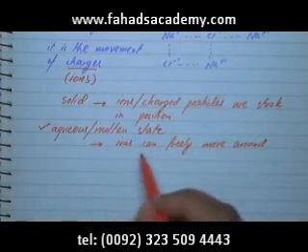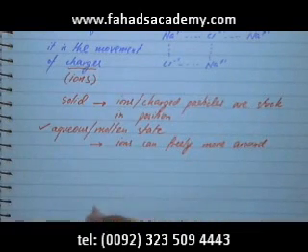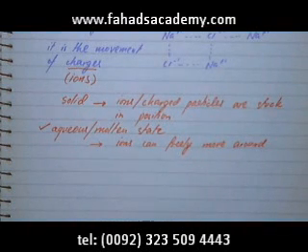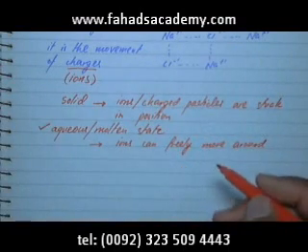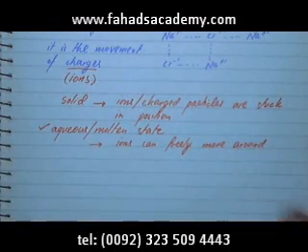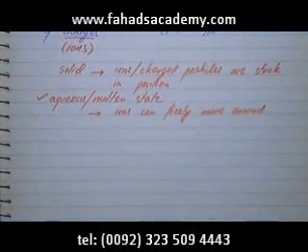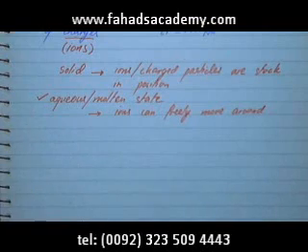So, since in aqueous or molten state, ions can freely move around, they will conduct electricity. So, electricity is conducted in aqueous or molten state, but it is not conducted in solid state. Electricity would also be conducted in gaseous state, but I'm not going to talk about gaseous state because ionic compounds generally do not exist in gaseous form. So that's our fourth point.